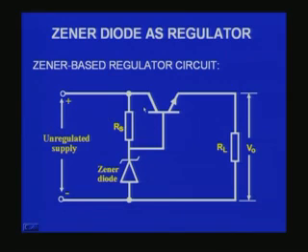Now I will just mention to you, as an extension of the regulation principle, how a transistor can be used to boost the current at the load, even with a Zener diode which has a lower power rating.